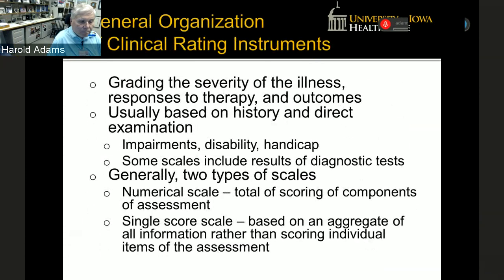Now, the general organization of clinical rating instruments includes grading the severity of the illness, acute responses to treatment, and then longer-term outcomes. Now, there are terms that you're going to hear about: impairment, disability, and handicap.